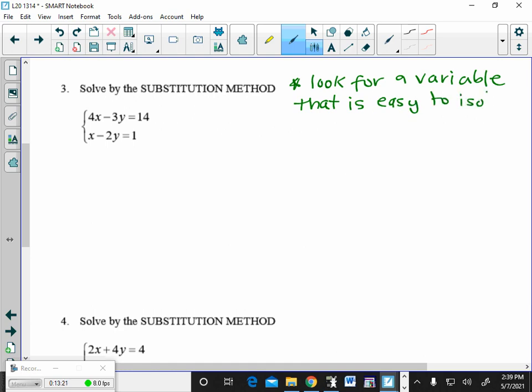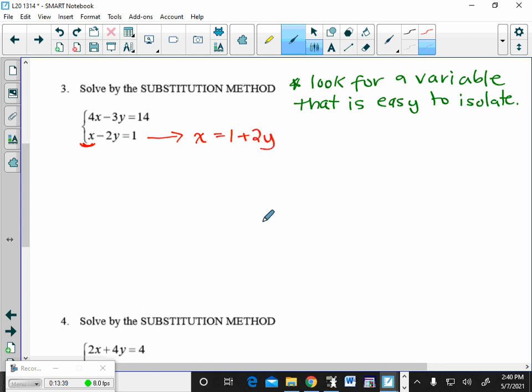What I first notice right away is this x right here. It's already isolated. So using this equation, if I added 2y to both sides, I would have x equals 1 plus 2y.